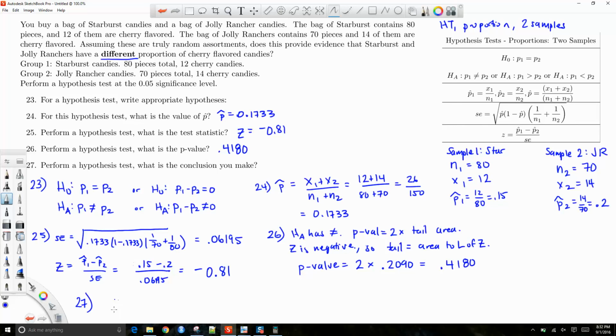What is the conclusion we make? Okay, our p-value is greater than alpha. This means we do not reject the null hypothesis.